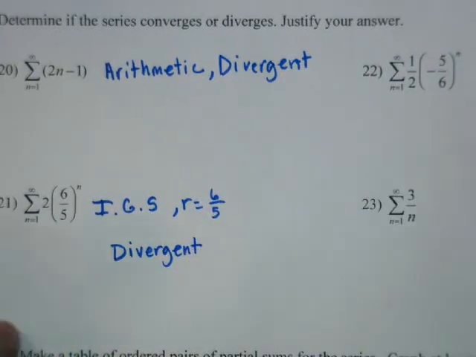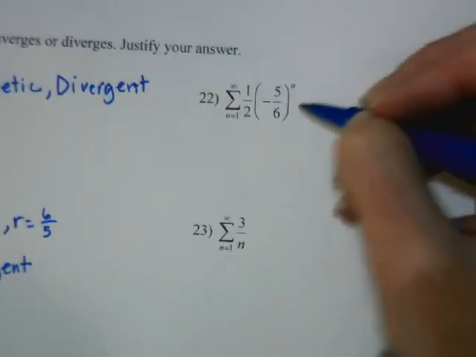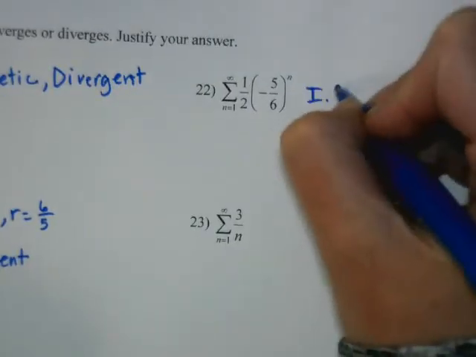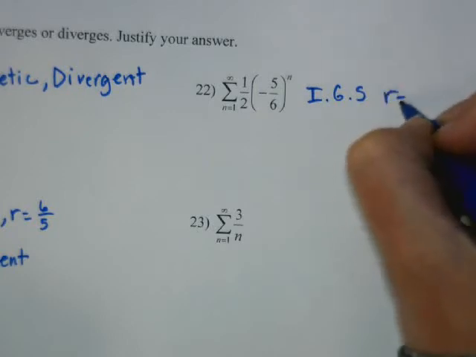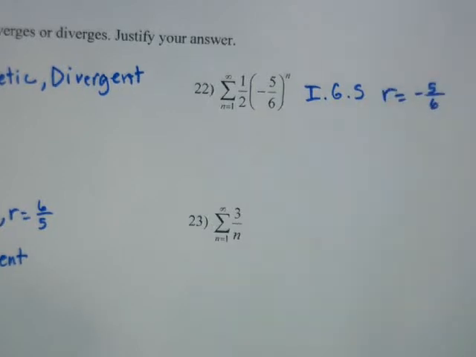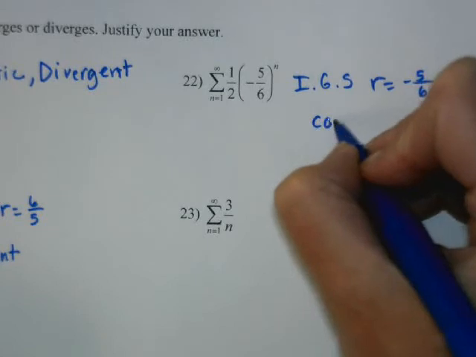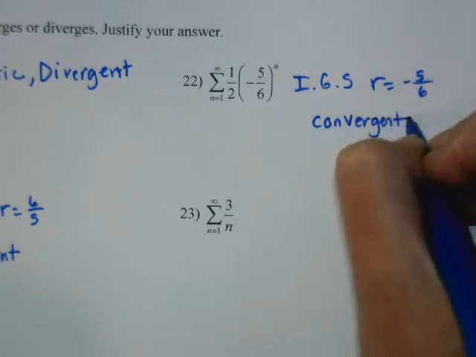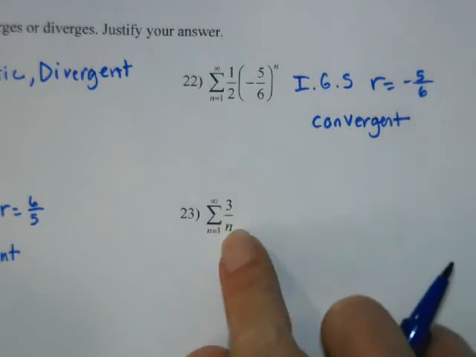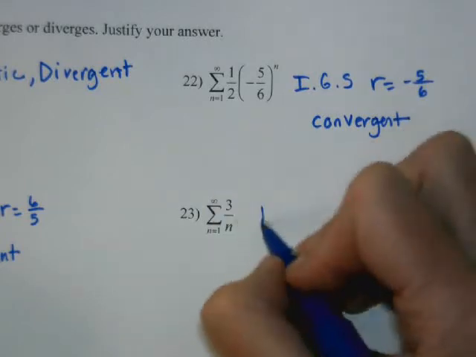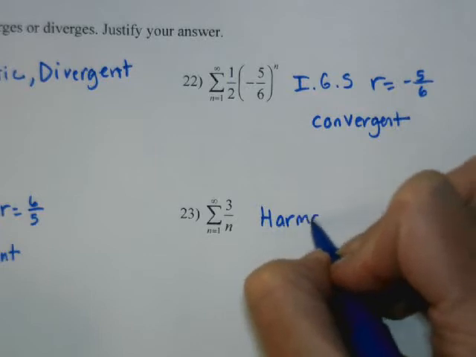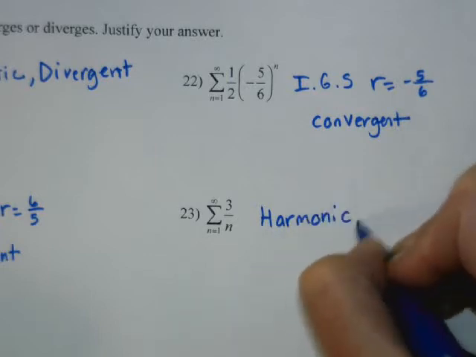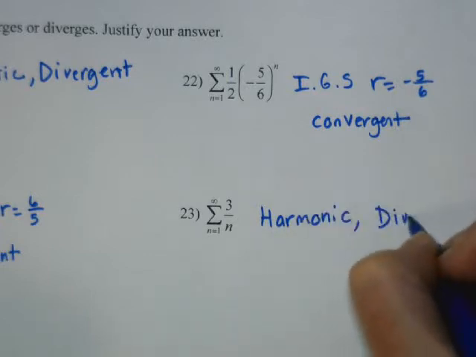This one's also infinite geometric, with a common ratio of -5/6, which is between -1 and 1, so this one will converge. This last one, anything over n, is considered a harmonic series, and harmonic series always diverge.